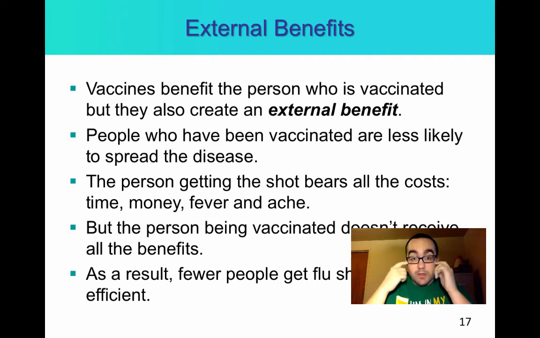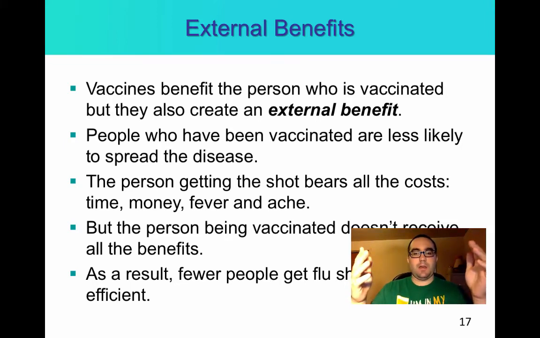Okay? So let's talk vaccines and flu shots. They benefit the person who gets vaccinated, but they also help others. People who have a flu shot or a vaccine like polio, whatever other vaccines people have, your Tdap, your pertussis, your measles, mumps, rubella, they're less likely to spread the disease.